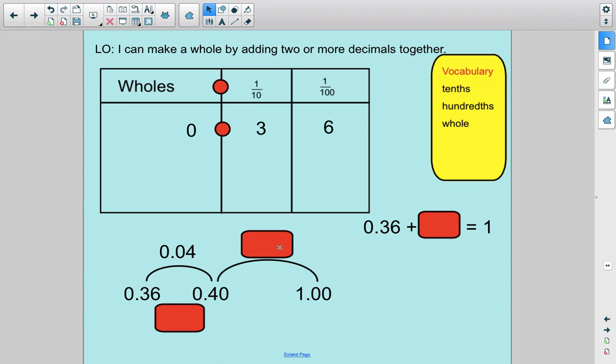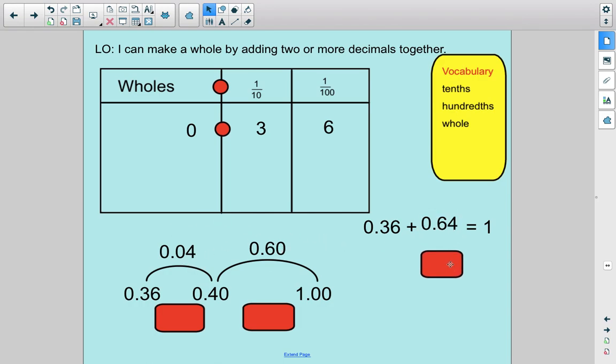Well, I know that 40 and 60 hundredths will give me 100 hundredths, which is the same as 1. So I've added 60 hundredths and 4 hundredths. So altogether, I've added 64 hundredths, which we will call 0.64.